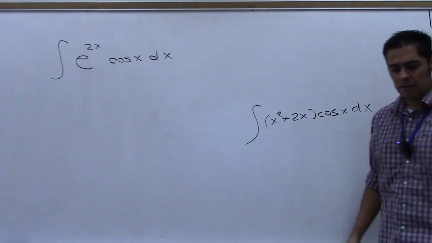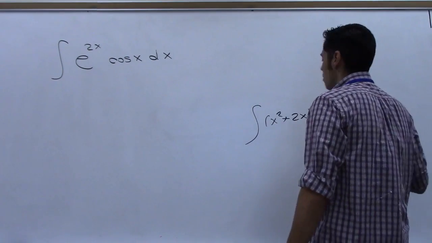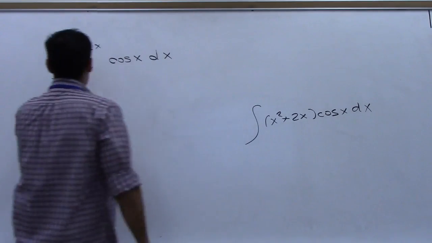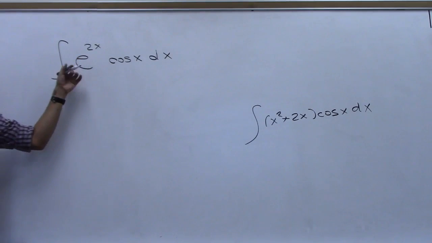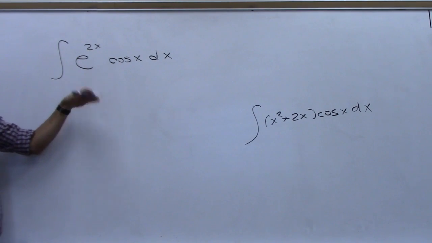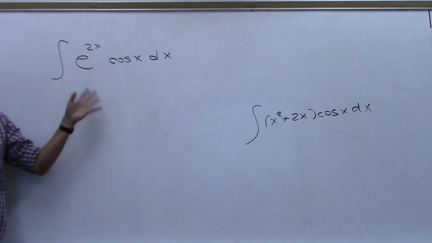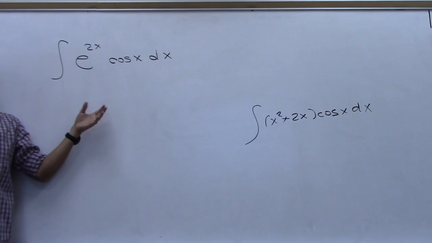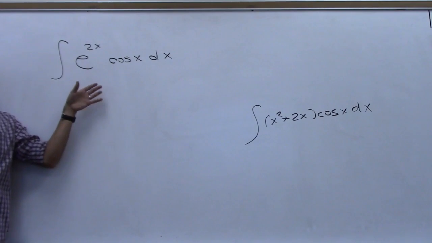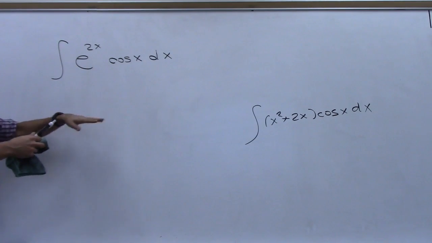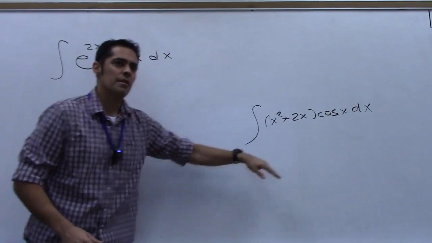Now look at this one up here. If you look at the e to the 2x, if you choose that to be u, as you do derivatives, what's going to happen? Well, the derivative of e to the 2x is itself, and then you'll have a constant, a 2, in there also, but it's not going to get any nicer, is it? Like this one got nicer?